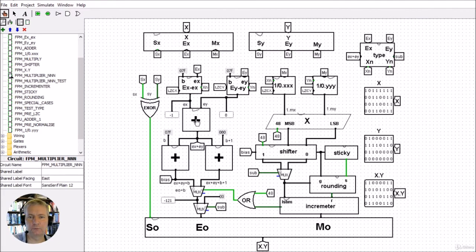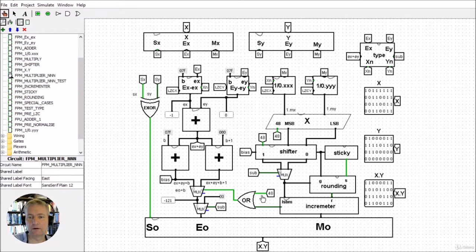And then we're going to add both of them together, and then we're going to create the EX plus EY plus B section here, and we're also going to have the EX plus EY plus B plus 1 coming down this route here. And then we're going to have to choose between these two. Now the choice between these two is made via this OR gate, and it's either going to be a high value if the last bit of the 48-bit multiplication is a high value, and again you can see here in this case it is, and you can go into the spreadsheet which we use for our multiplication and check the 48th bit of that multiplication.